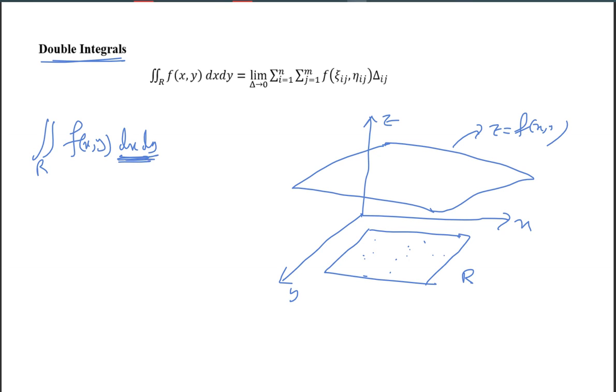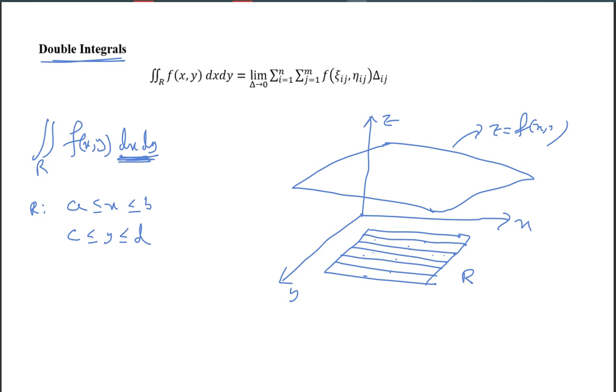In line integration, the curve is separated into very small parts. Here also the region will be subdivided into small areas like this. Consider this rectangular region R, a less than or equal to x less than or equal to b, and c less than or equal to y less than or equal to d.